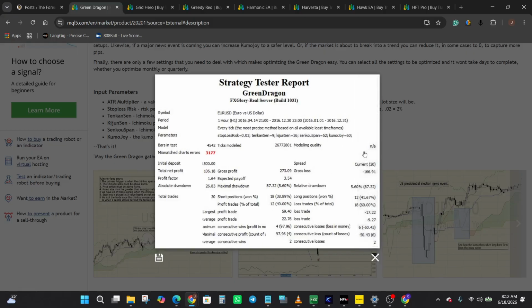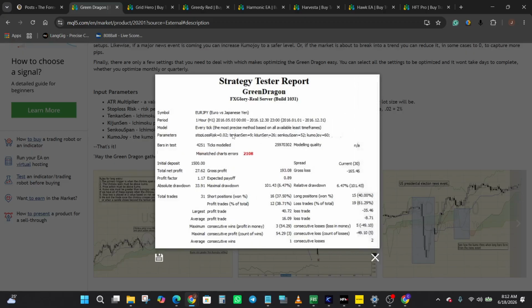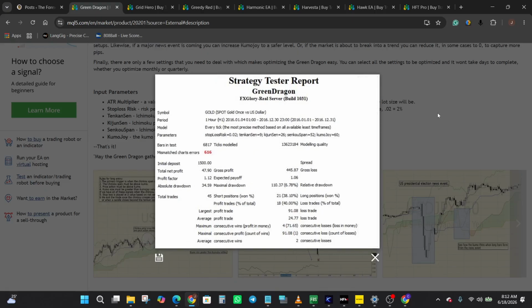This is EURUSD 1 hour, tested from 14th April 2016 to 30th December 2016. Here, this shows EURJPY 1 hour, total net profit $27.62, tested from 3rd May 2016 to 30th December 2016, 38.71% win rate, and so on and so forth.